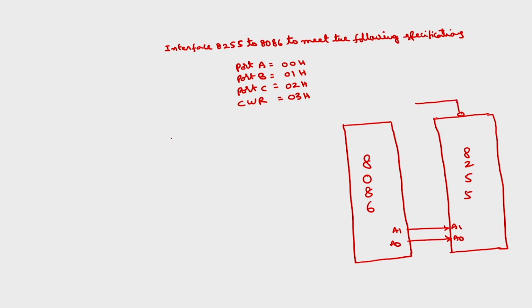So what is the address map for port A? A7, A6, A5, A4, A3, A2, A1 and A0. So 00H is equivalent to 00000000.